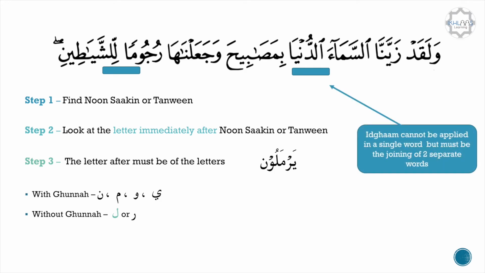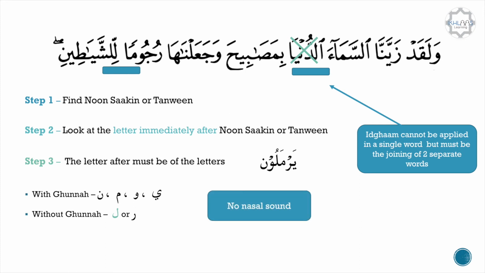In the word adunya, the idgham cannot be applied. As we have mentioned previously, idgham cannot be applied in a single word, but must be the joining of two separate words. But rujuman lishayateen, the tanween is followed by the letter lam, so it is idgham without ghunnah, and idgham is done because of the joining of two separate words.